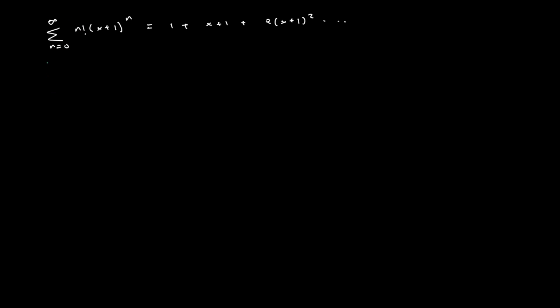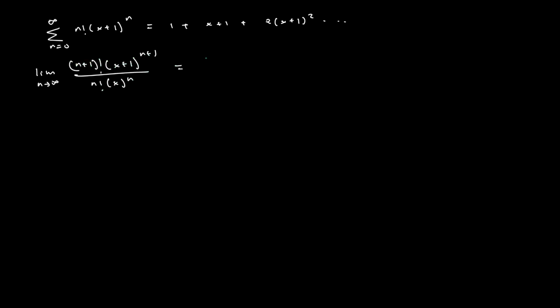So let's use the ratio test, or sorry, the nth term test. No, I mean, yeah, the ratio test. So the limit as n tends towards infinity of (n plus 1) factorial times (x plus 1) to the n plus 1 divided by n factorial times (x plus 1) to the n.